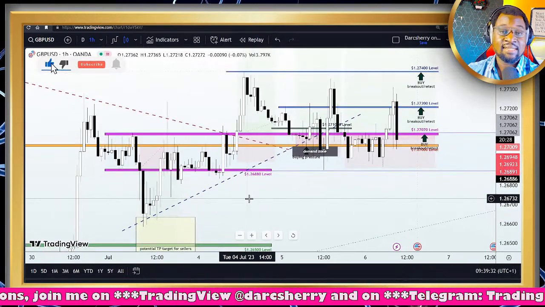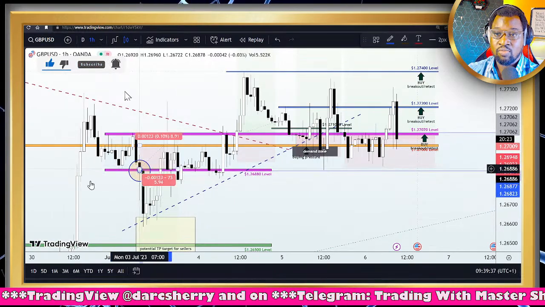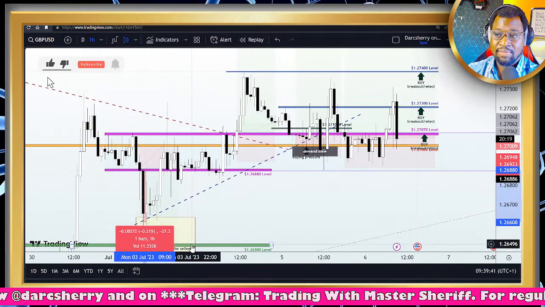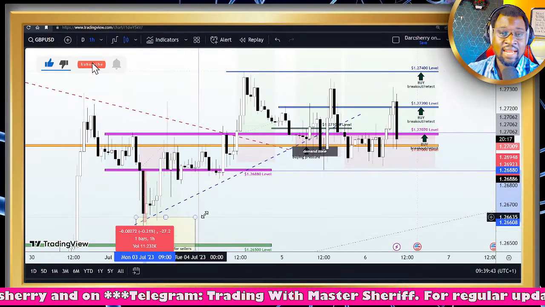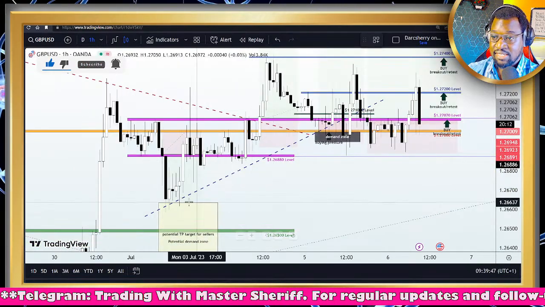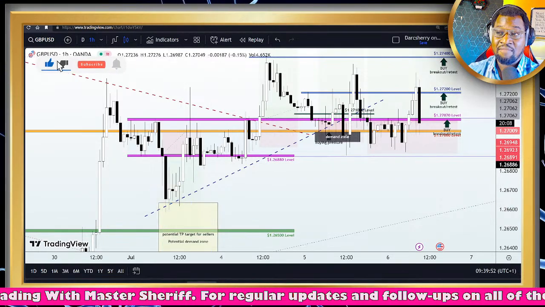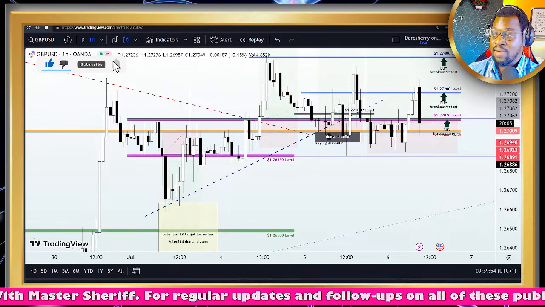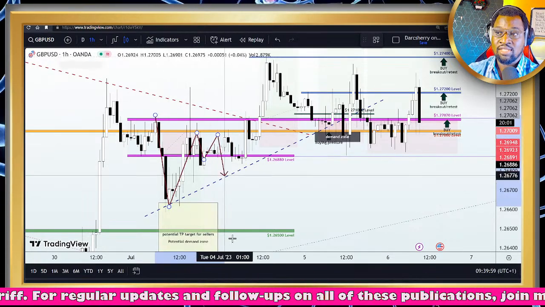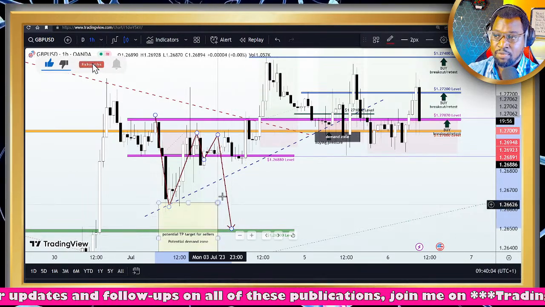And in fact, we had a sell position triggered during the first day of the week as we had this move. Price moved about how many pips was that? About 28 pips thereabout before we saw the beginning of this bullish momentum. And in fact, I was wary of taking advantage of this bullish move here, and that was simply because of my expectations that we might likely be seeing price action come back to retest the structure to incite a bearish move to the downside, which of course never happened.